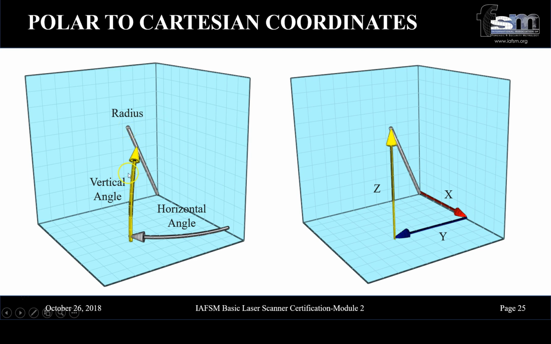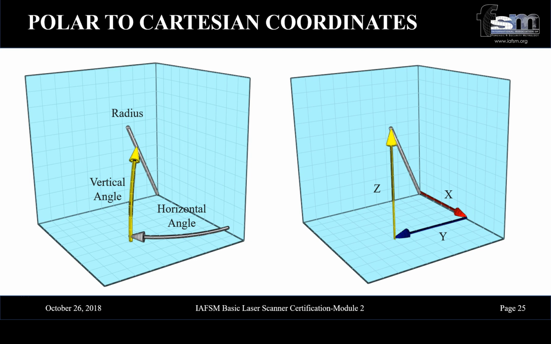Now, fortunately, the software will convert that over to Cartesian coordinates for us, which is just an XYZ coordinate system, because it's a lot easier for people to understand. If you gave people 27.6 degrees vertical and 36 degrees horizontal, and the radius is going to be 37 meters, it's not all that simple to understand what that means in your head.